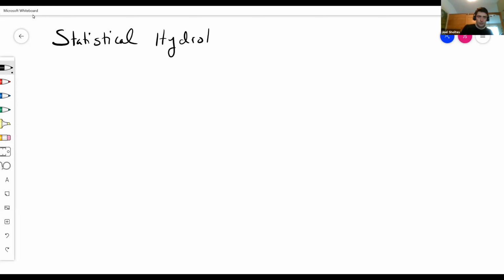We've already had a little bit of an introduction to statistical hydrology when we talked about precipitation frequency analysis. And we talked about two different kinds of data series, time series of data. Who can tell me the two time series, or at least one that we worked with for precipitation data?